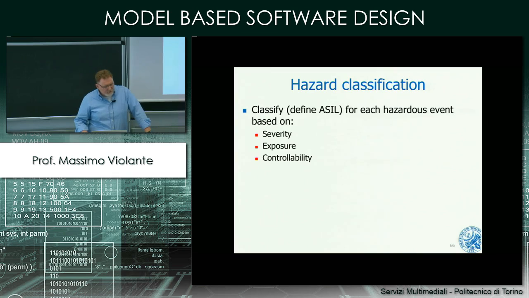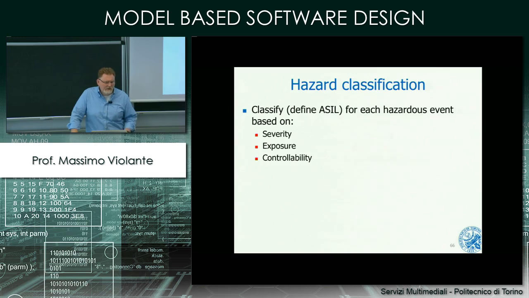These are things that we have to quantify. This is to be done, again, based on experience. There are some, I would say, rules of thumb that will drive us in defining the severity, exposure, and controllability level. For each of these, the rule of thumb will provide us a number.